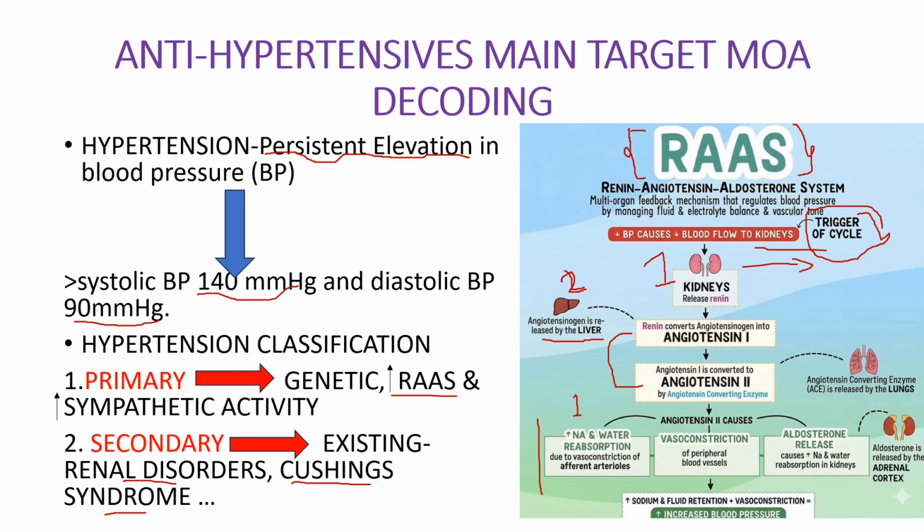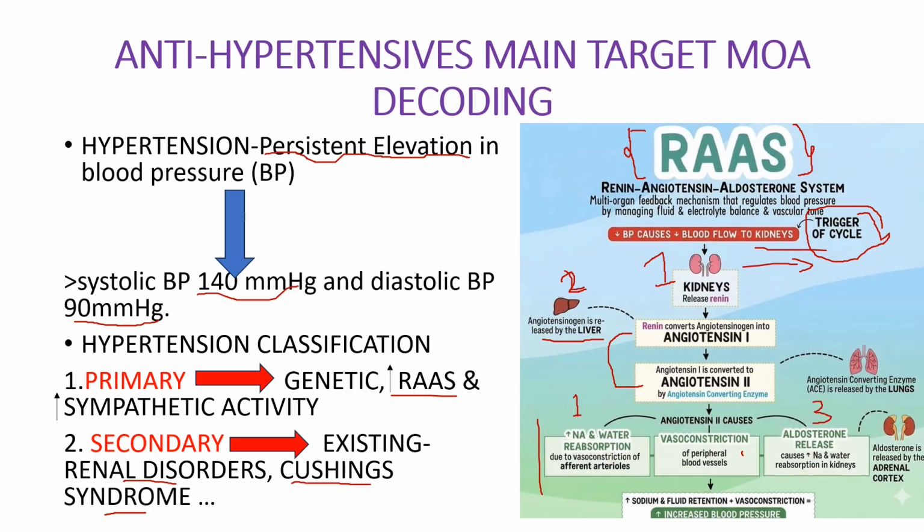The second one is that angiotensin 2 causes direct vasoconstriction of the peripheral blood vessels. And the third one is that it causes aldosterone release.